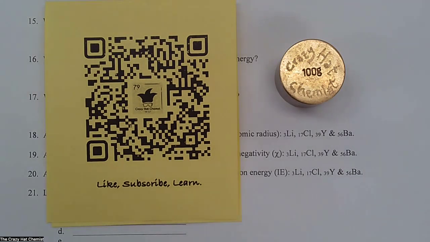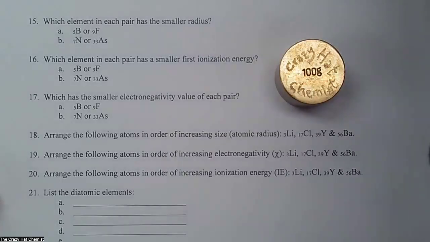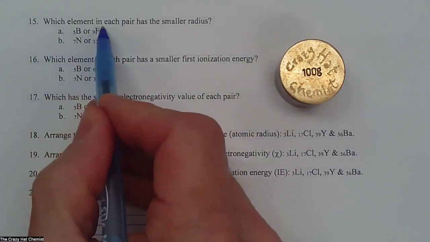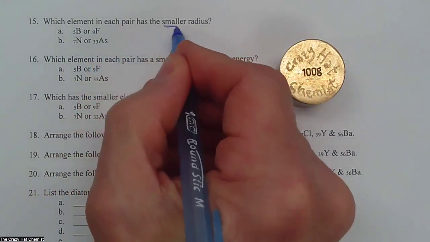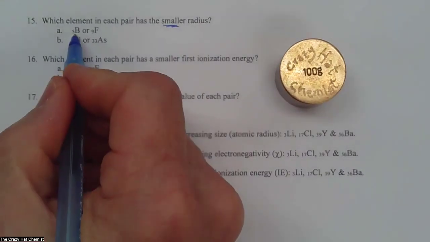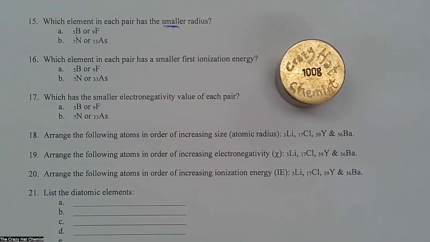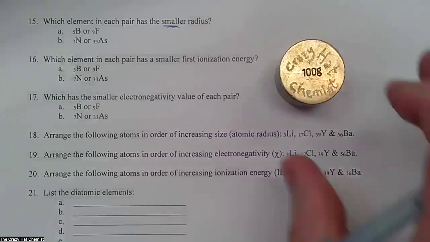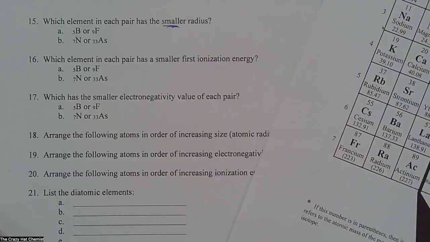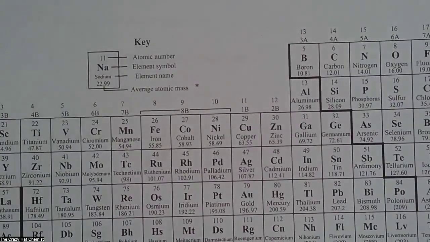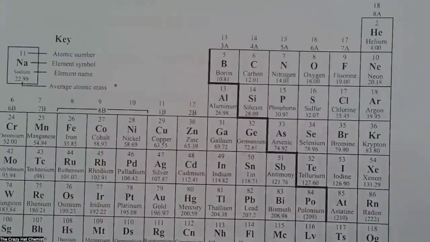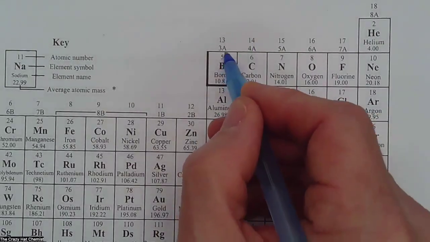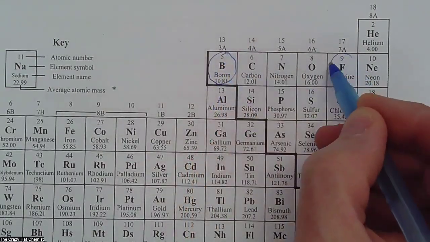Okay, so let's see here. Our next question is, which element in each pair has the smaller radius? We got boron or fluorine. So I'm going to pull out a periodic table. That's number 5 or number 9.